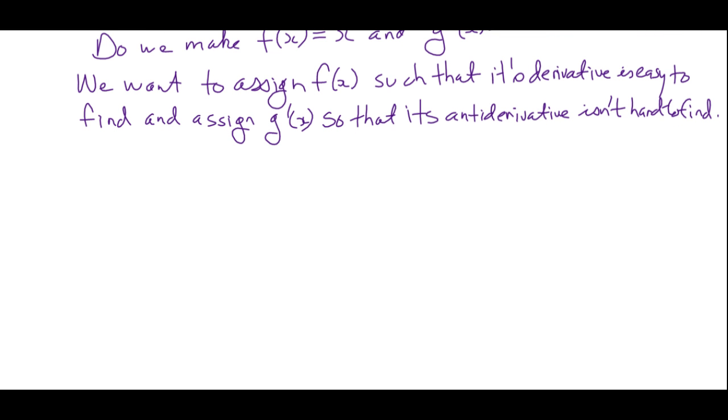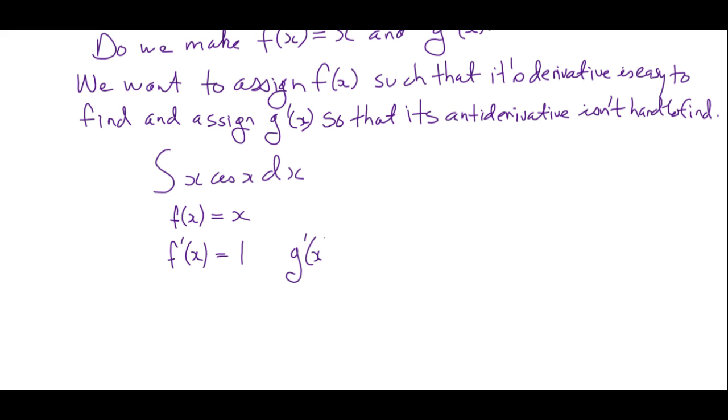Scroll this down. So looking at it, we've got the integral of x cos x dx. So we need to assign, right? We're going to say f of x is equal to x. So what's f prime of x? 1. And now we're going to say g prime of x, right? So we're assigning f of x, and this is g prime of x. So g prime of x is cos x.